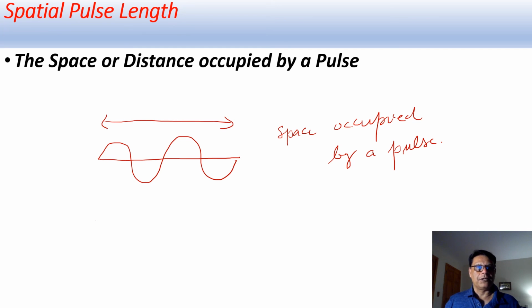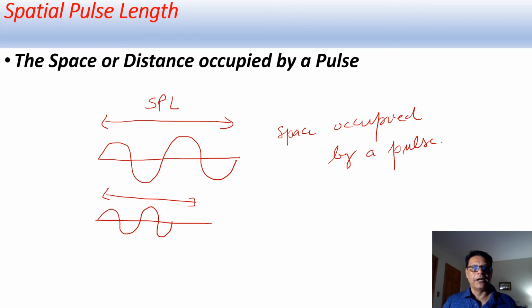It is understood that a small pulse will occupy a small space, so it has low spatial pulse length, because it's a short pulse and a short pulse occupies a small area, while this is a large pulse and it's occupying a large area.